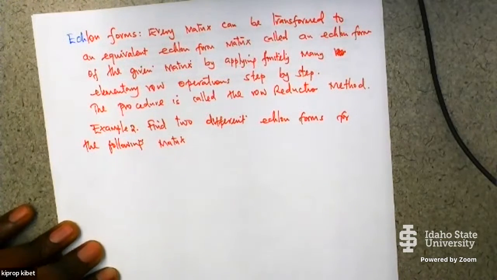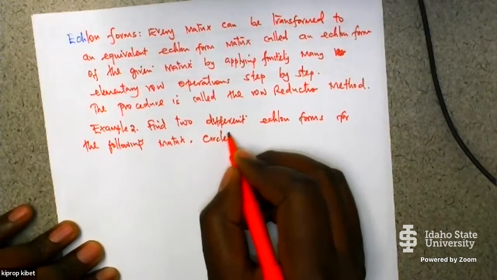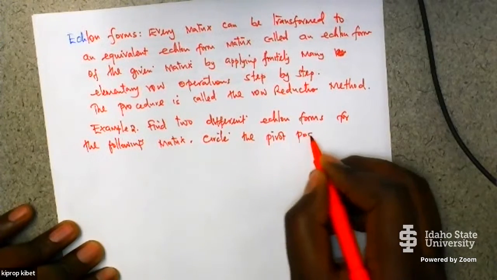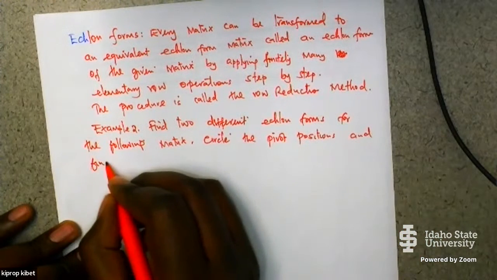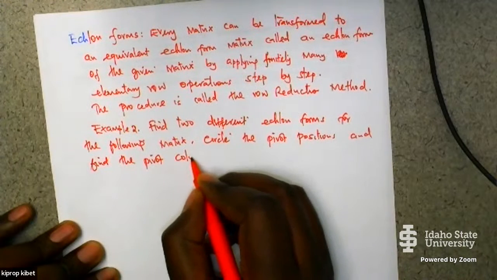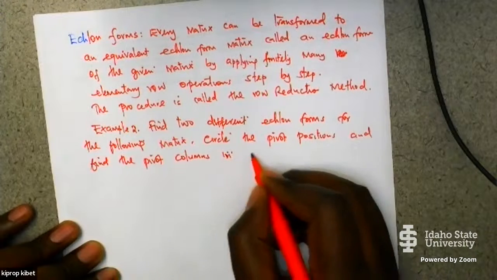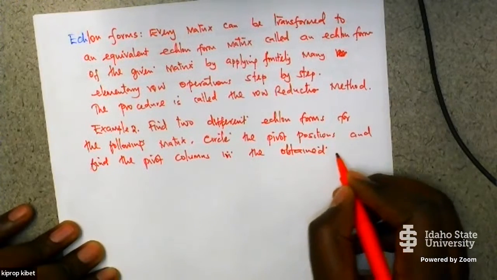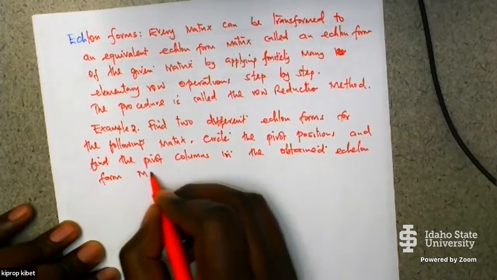Circle the pivot positions and find the pivot columns in the obtained echelon form matrices.